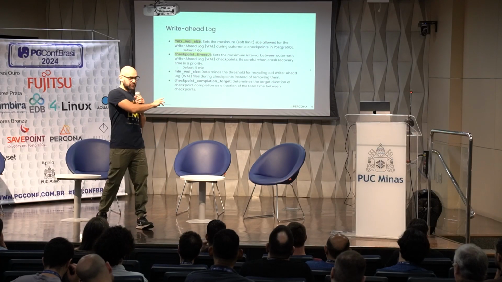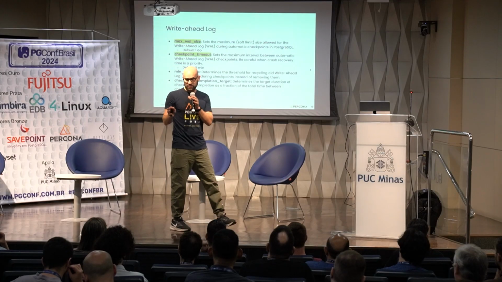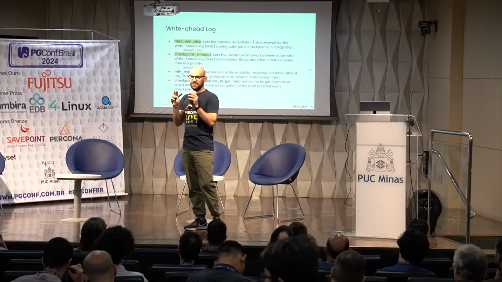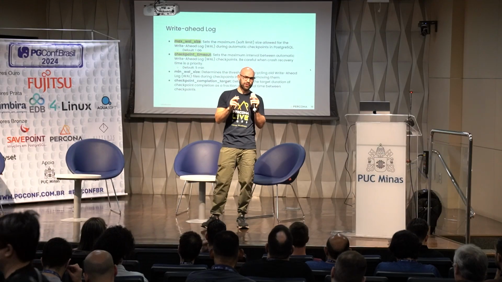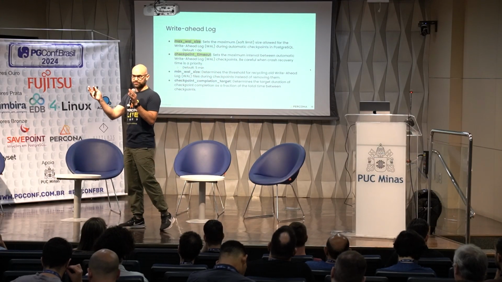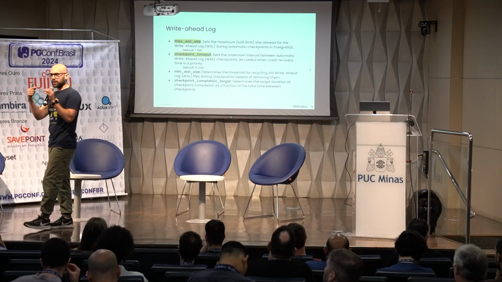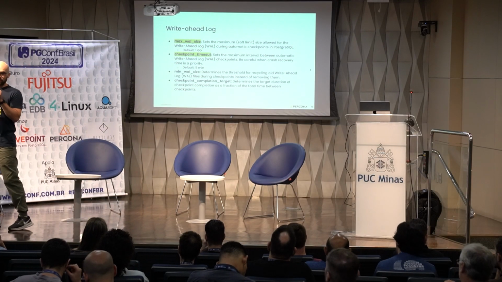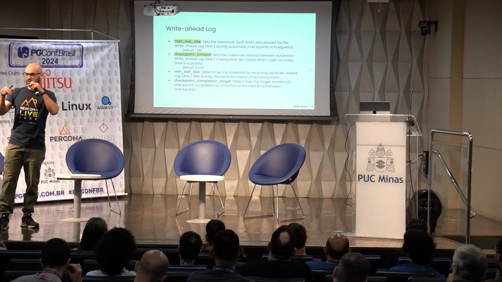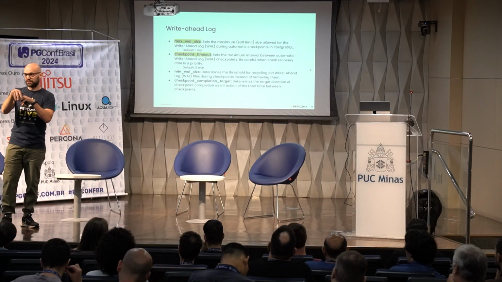So checkpoint timeout by default is 5 minutes, and this will depend on your business needs, right? You can see it basically as a measure of the amount of work that Postgres potentially has to do in the event of a crash. Bear in mind that the recovery process is single-threaded, so it could take more than this 5 minutes, because in Postgres you have parallel writes, right?